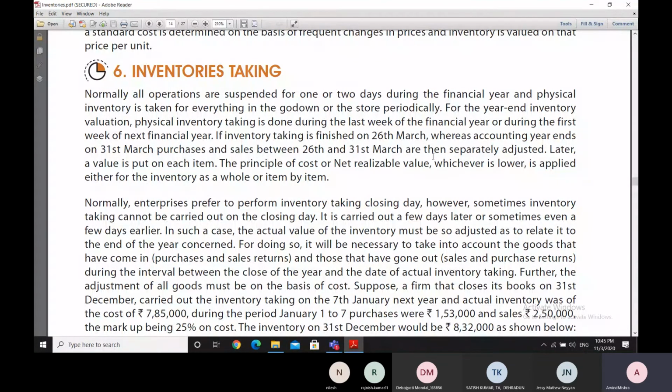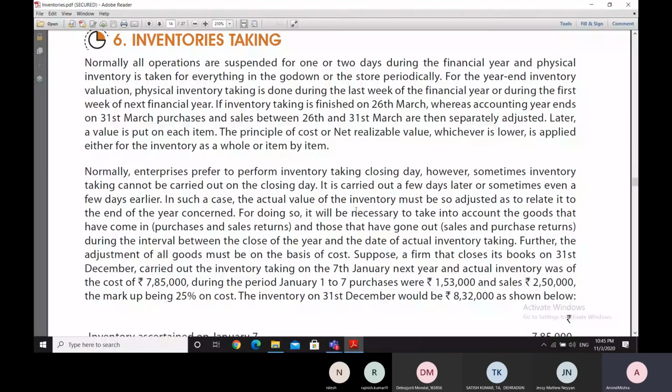Another thing is that on whichever date we complete the inventory, from that date onwards the purchases and sales are adjusted. And if we do it the next year, the purchases and sales after 31st March are also adjusted backwards. So normally enterprises prefer to perform inventory taking on the closing day.